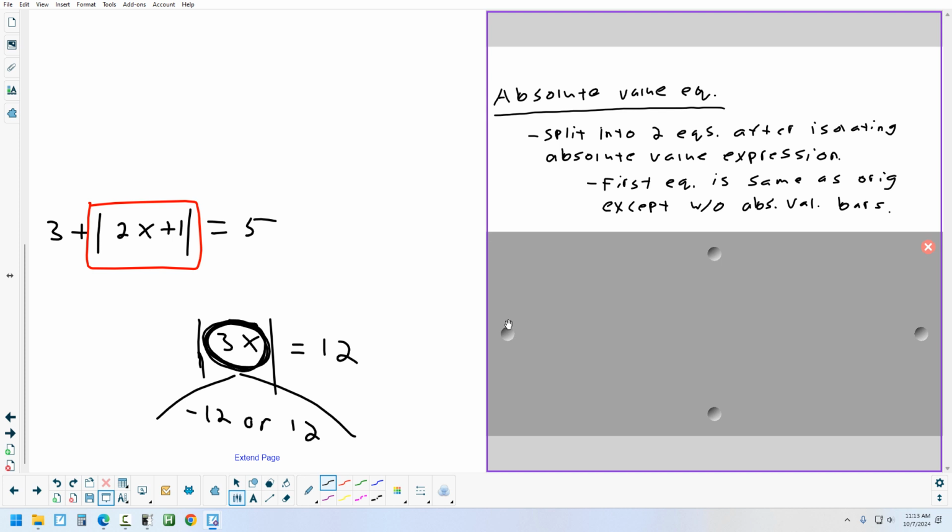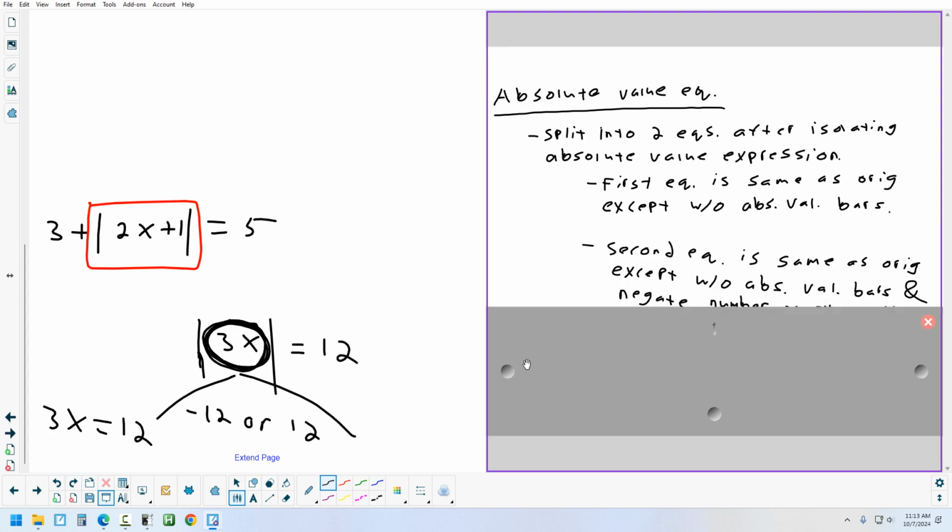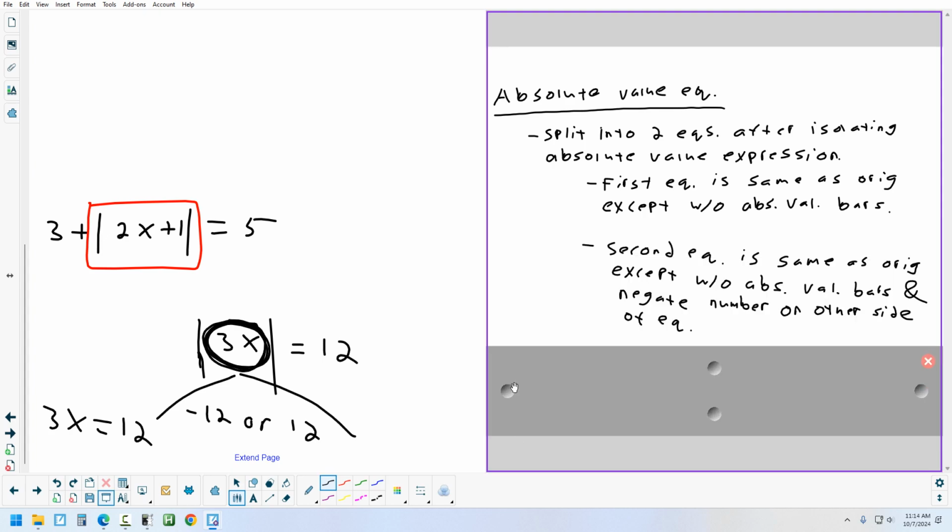The first problem that we split it up into is the exact same problem, you just take away the bars. The second problem we split it up into is we take away the bars and we change the sign of the number on the other side.